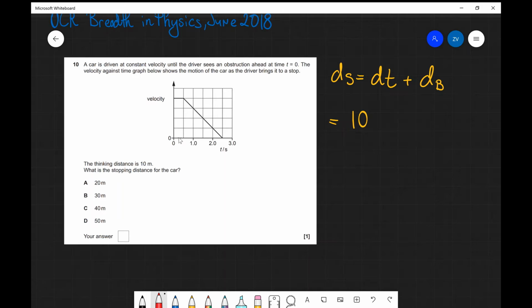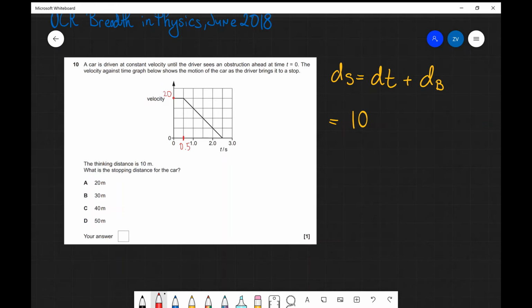We can see that just where the driver applies the brake is just about over here at 0.5. Now, because the thinking distance is 10 meters, that's actually the area underneath this graph, isn't it? So that means that the velocity right at this point here has got to be 20.